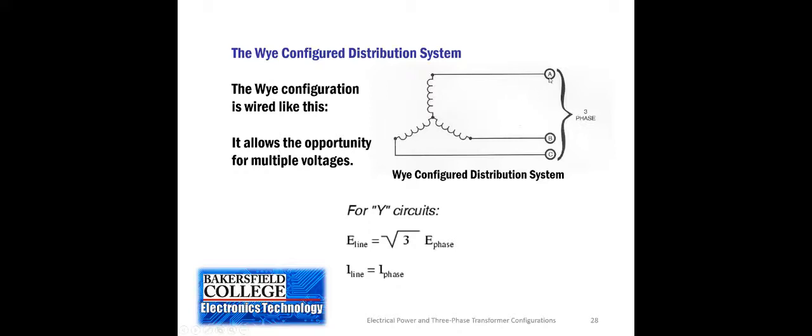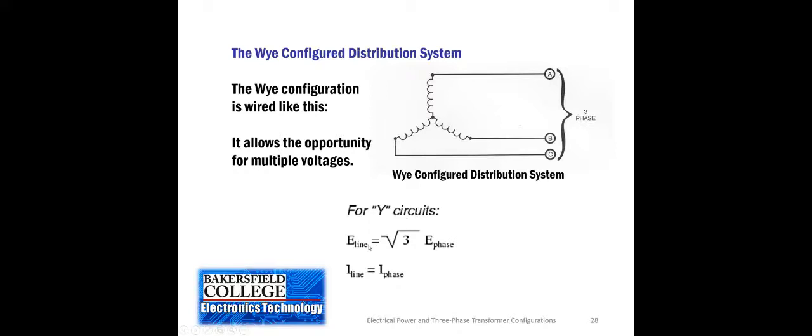Okay, so if we had, for example, 208 volts in our line voltage, that's the voltage between L1 and L2. Let's say we connected L1 to A, L2 to B, L3 to C. The line voltage would be the 208 volts. The phase voltage would be the voltage across the coil.